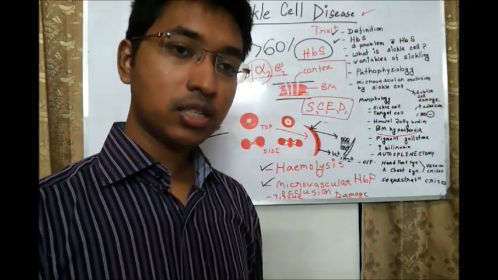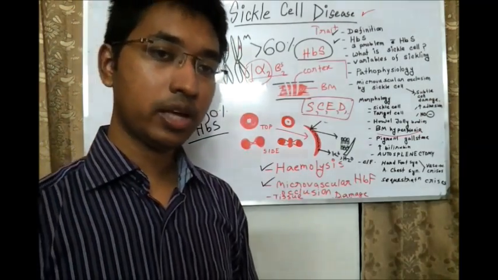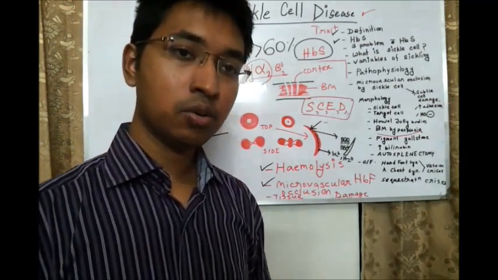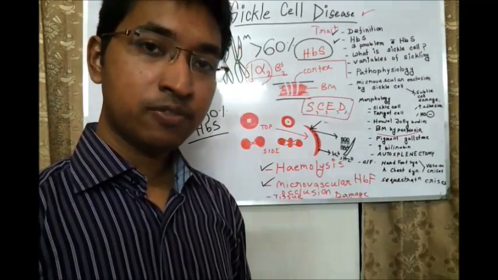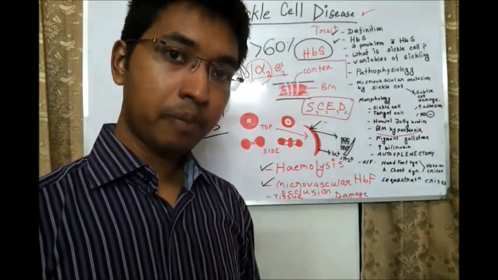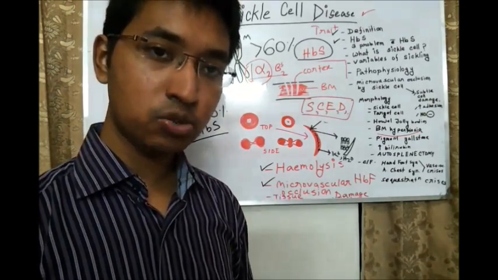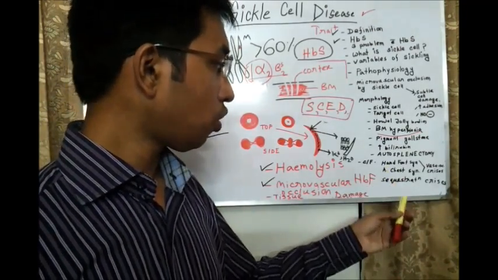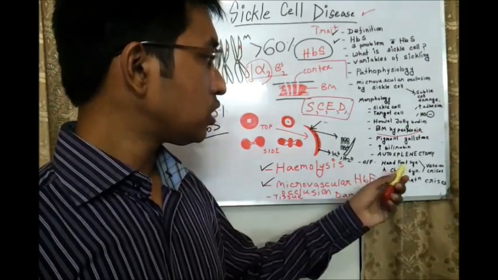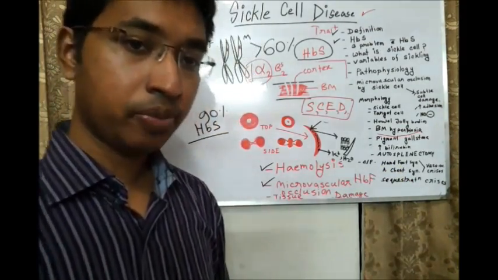Okay, so the last point we will talk about is the treatment of sickle cell disease. For pain, we have to give some analgesics, for example morphine. If the patient has severe conditions like, for example, acute chest syndrome or other syndromes, then we have to give exchange blood transfusion.